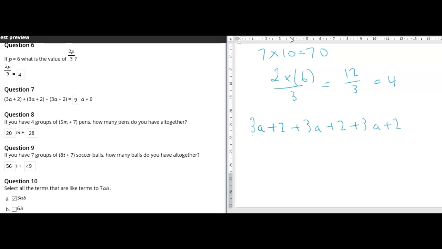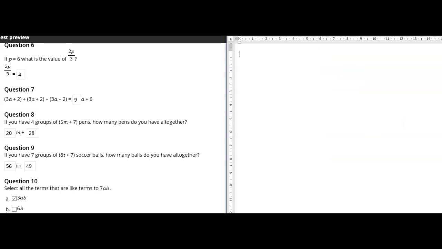So we've got our a's. So think of them as apples. So how many apples do we have in total? We've got 3 plus 3 is 6 plus another 3 is 9. So 9a. And then we've got our constant term. So we've got 2 plus 2 is 4 plus 2 gives you 6. So 9a plus 6.